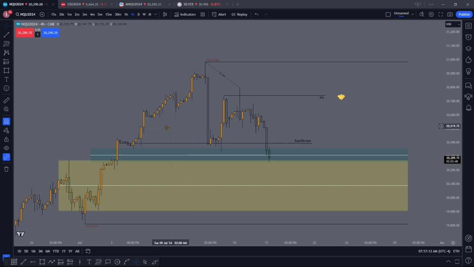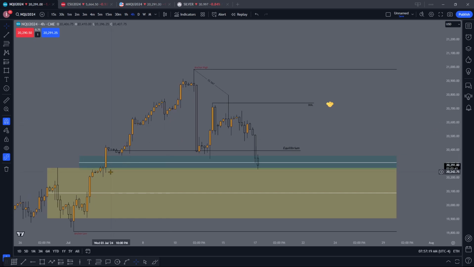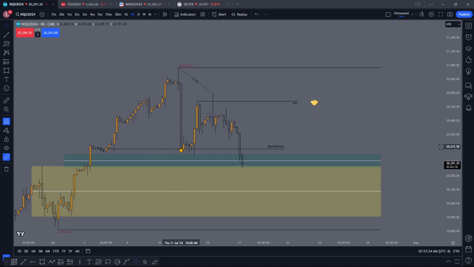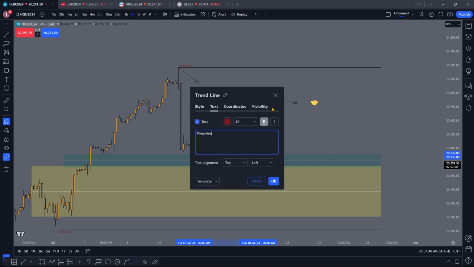So you can see that we have that same distribution phase highlighted, and then we have here trend line liquidity. Once we go down here and take this liquidity, we hover above the mitigation block, and we do not take it. So this move lower here leaves this liquidity pool here, preparing for a high probability soup.